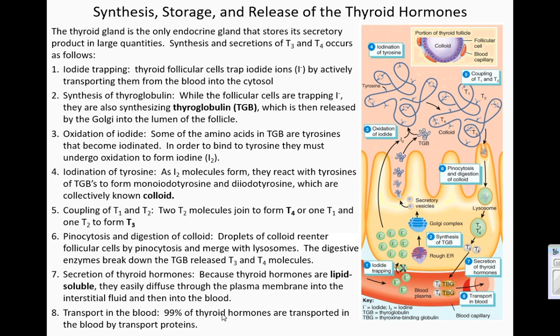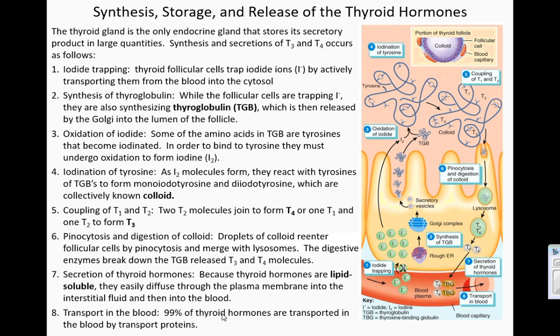We know the prefix mono means 1 and di means 2. Well, what happens when you add 1 and 2 together? You get 3. What happens if you add 2 and 2 together? You get 4. Remember the names of those two hormones? T3 and T4. That's where that comes from.